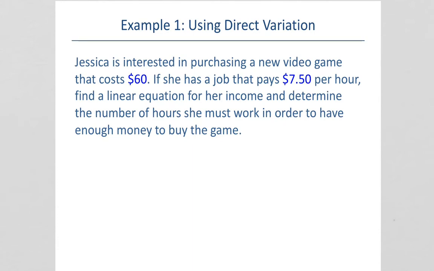Jessica is interested in purchasing a new video game that costs $60. If she has a job that pays $7.50 per hour, find a linear equation for her income and determine the number of hours she must work in order to have enough money to buy the game.